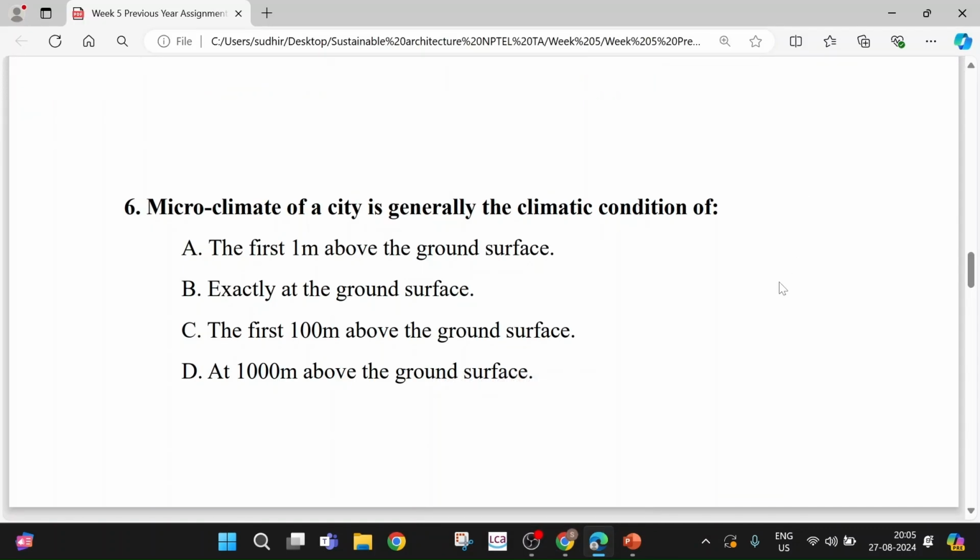So I received one response. Others also try to give an answer. Is it the first 1 meter above the ground surface, or option B, exactly at the ground surface, or the first 100 meters above the ground surface, or at 1000 meters above the ground surface? Which is the correct answer?